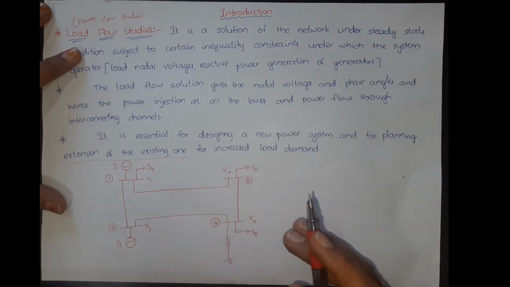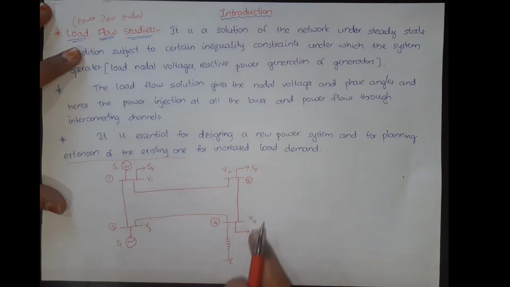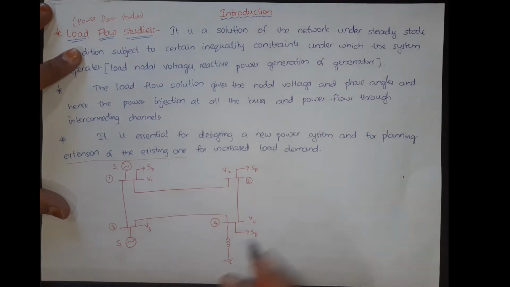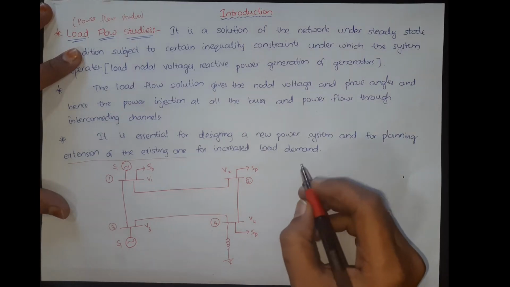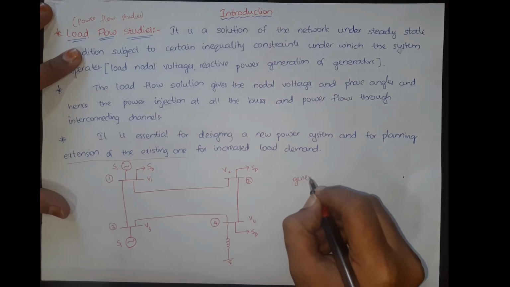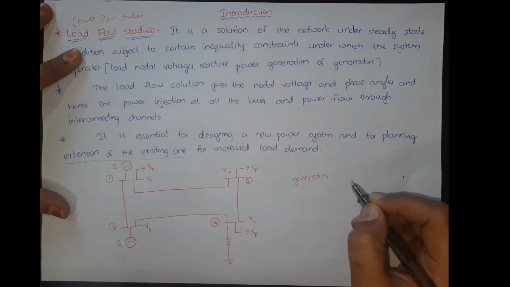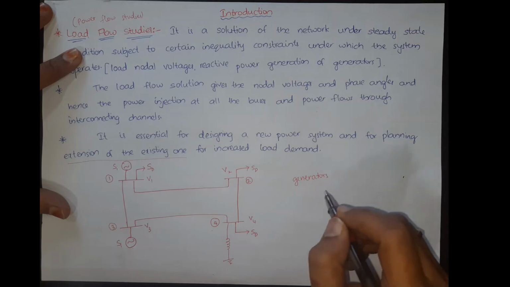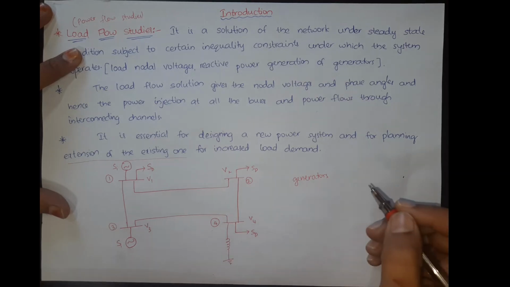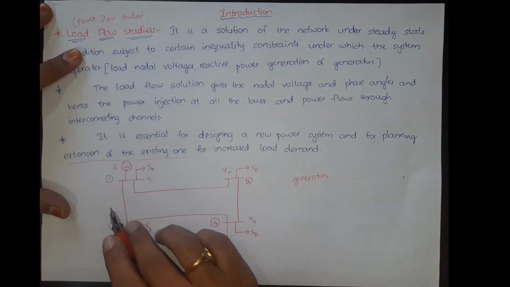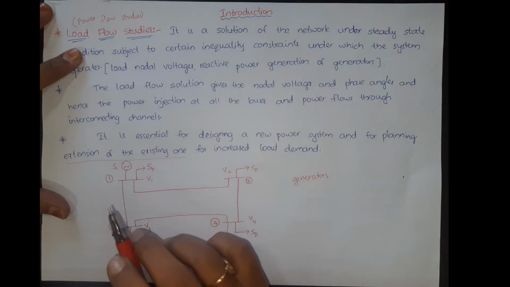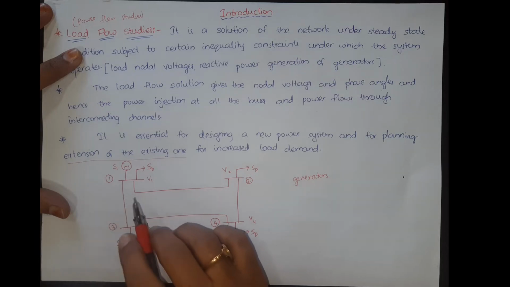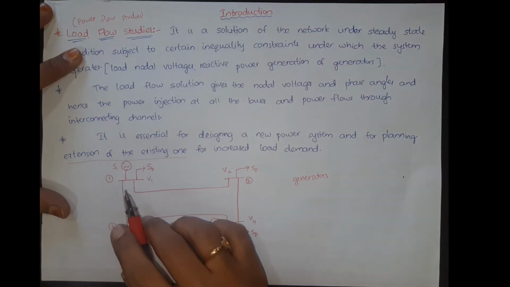Now if you observe the given 4 bus system, we can say it consists of generators. How do we represent a generator, or alternator? We represent it by how much active power P it is able to generate.